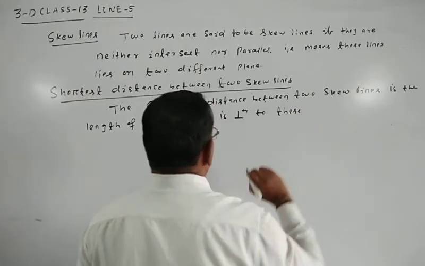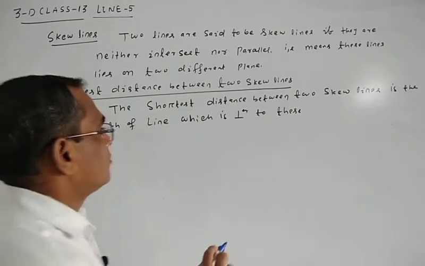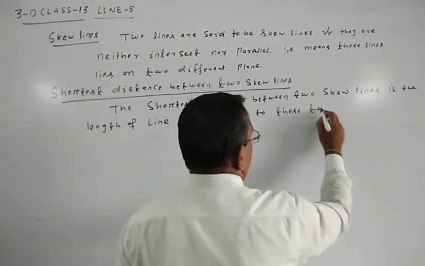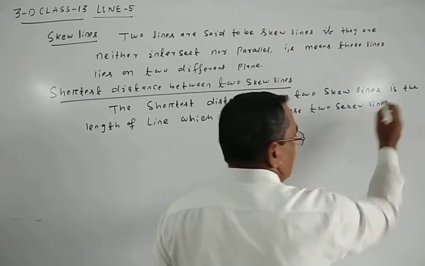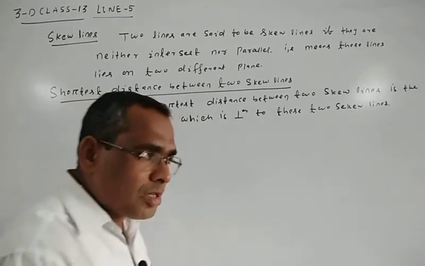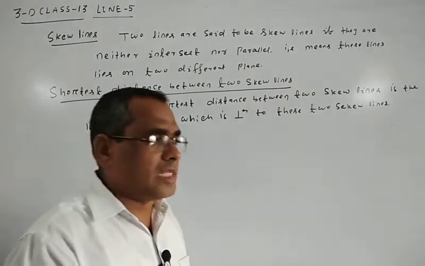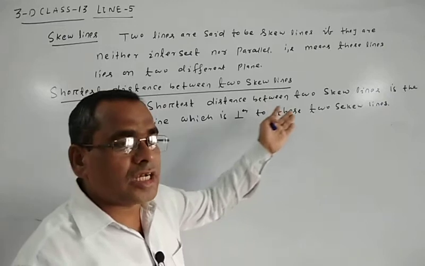That perpendicular distance between these lines is known as the shortest distance between two skew lines.